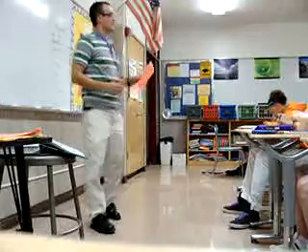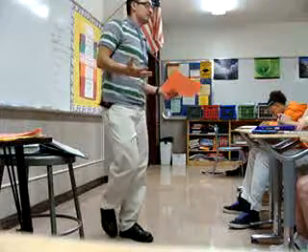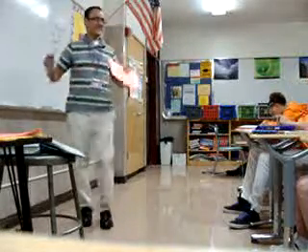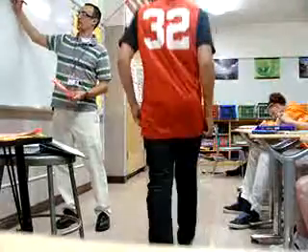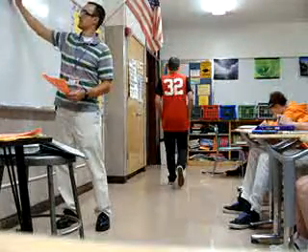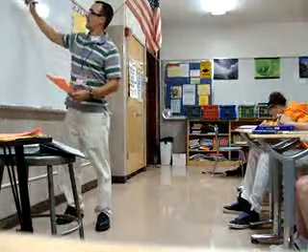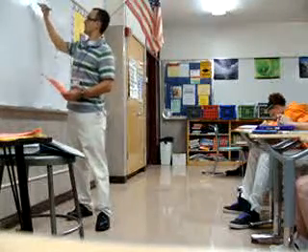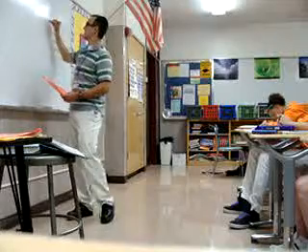Basically, the mean is the average. So, let's just say I have a couple numbers. I'll just make up these numbers. Let's say we have 11, another 11, 15, 23, 27.